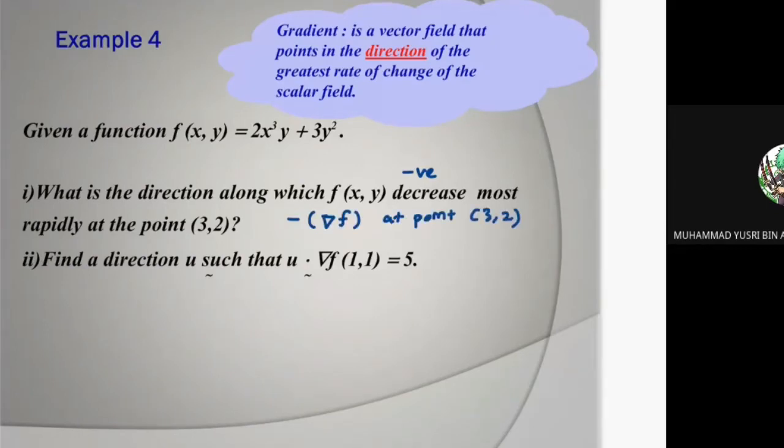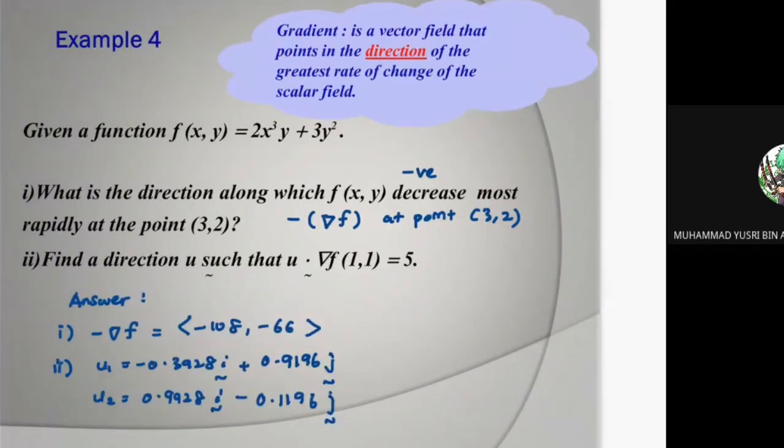And then number 2, find the direction U such that U dot gradient F at (0, 1) is equal to 5. So this is the answer for example 4.